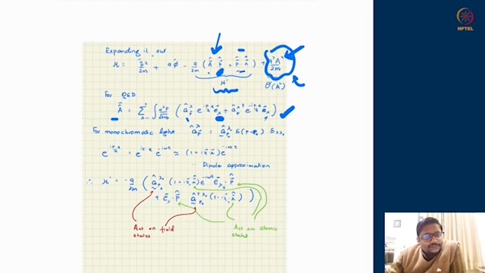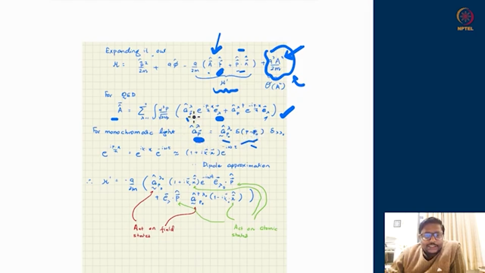Now, for a special case, we can think of an electromagnetic field which is monochromatic light. That means I'm artificially going to impose a condition. This is not a very natural condition, but just for the sake of discussion, suppose this A lambda p operator is present only for a particular momentum, p naught. Suppose no field modes are excited at any other momenta apart from p naught.